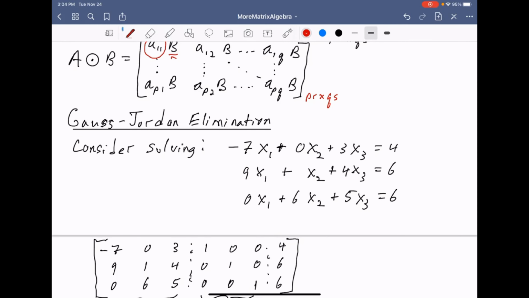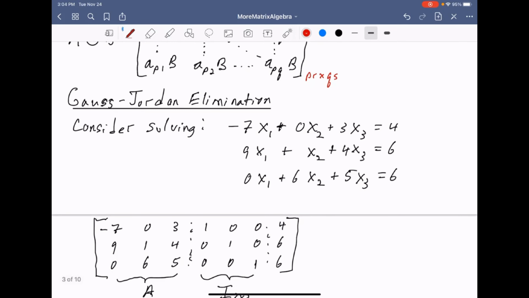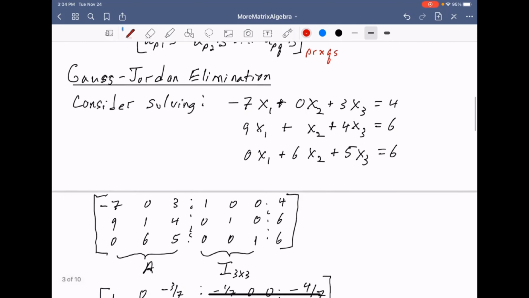Consider solving this system of equations: 7x1 plus 3x3 is 4, 9x1 plus x2 plus 4x3 is 6, and 6x2 plus 5x3 is 6 as well.